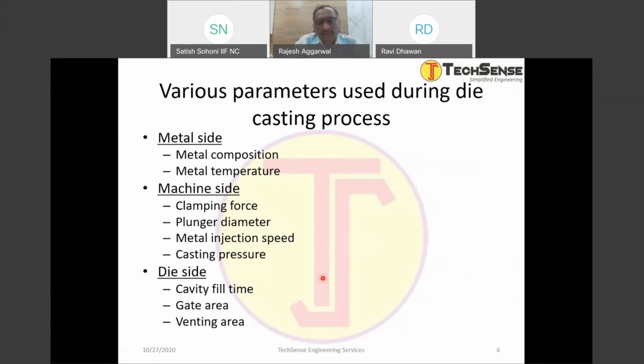These are some of the key variables, I will say. I will not say these are the only variables. These are the major variables which impact the die casting process in a big way. So we try to understand the correlations of these various variables, or how they interact with each other.